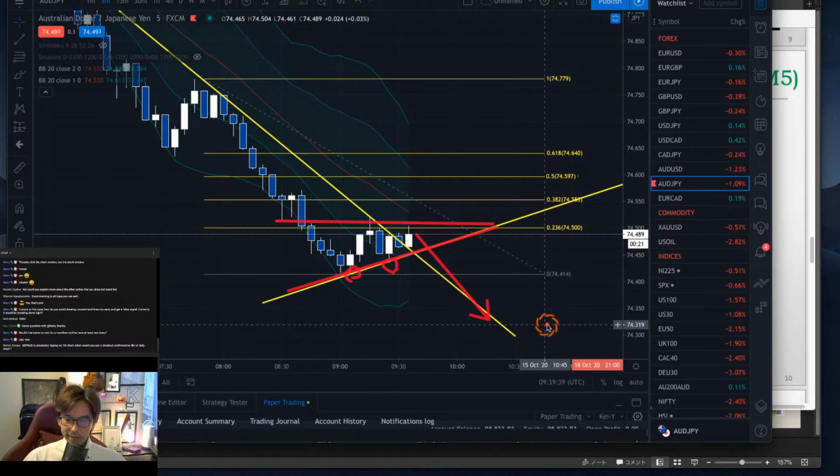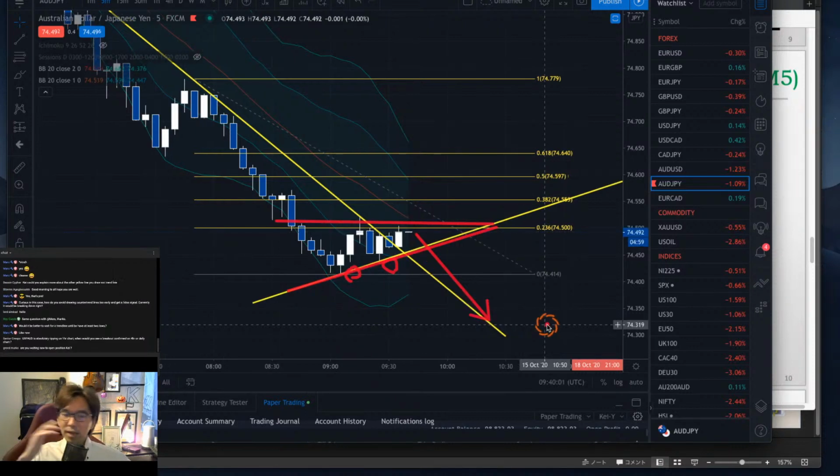GBP AUD is absolutely ripping on the 1 hour chart. When would you see a breakout confirmed on the 4 hour chart or daily chart? I don't really look at the breakout in higher time frames like the 4 hour or daily chart, because once again it can become fake, unless the candlestick close is below the recent low.